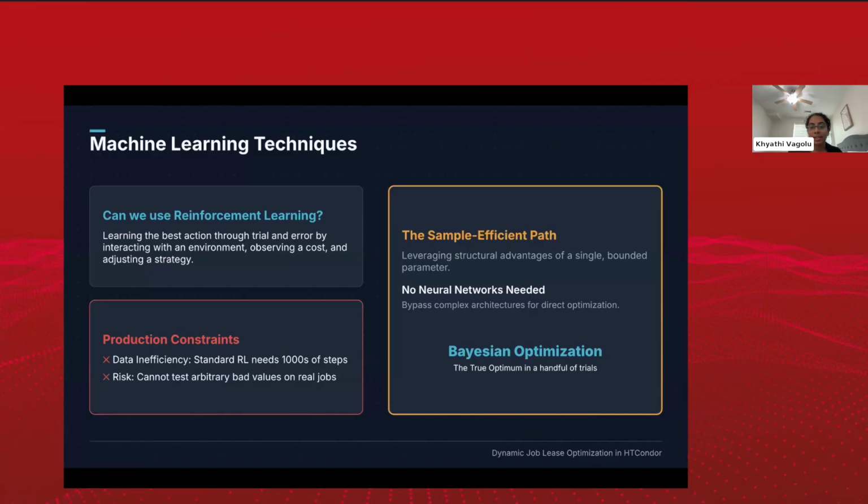So the alternative that we looked at is a simplified form of reinforcement learning, which is to make use of the fact that we want to optimize on a single parameter, which is the timeout value. And for that, we moved towards a Bayesian optimization technique. And yeah, we'll look at what Bayesian optimization is.